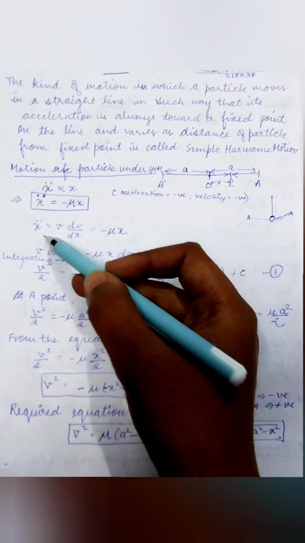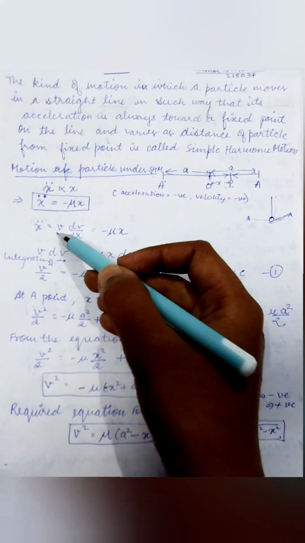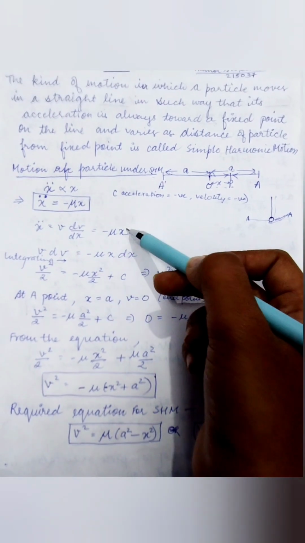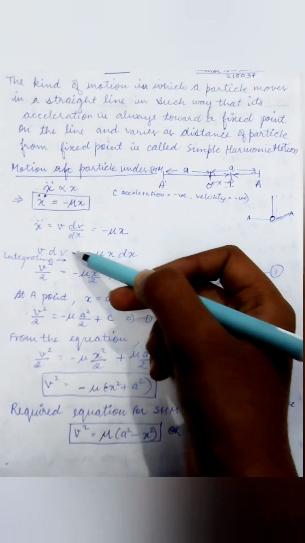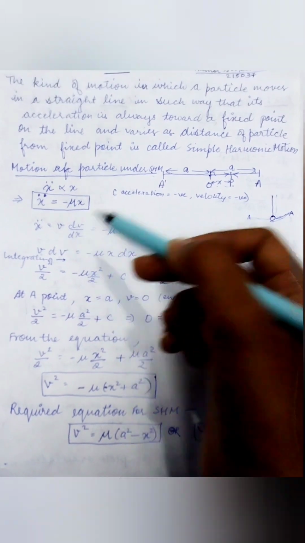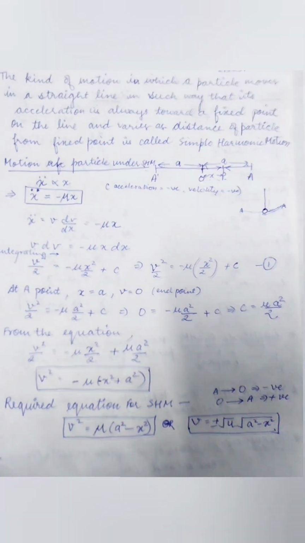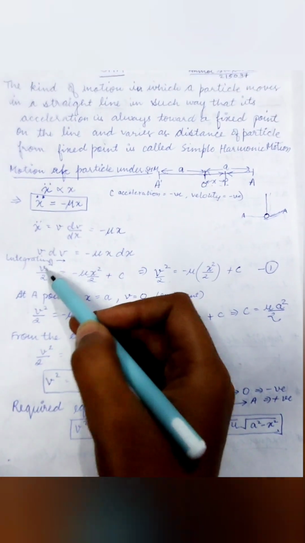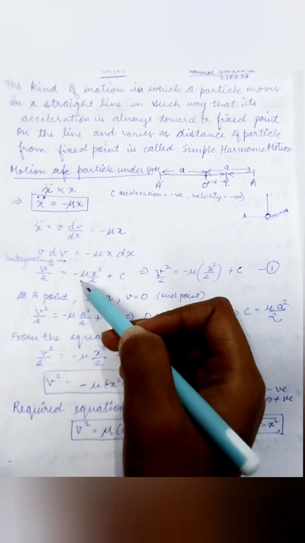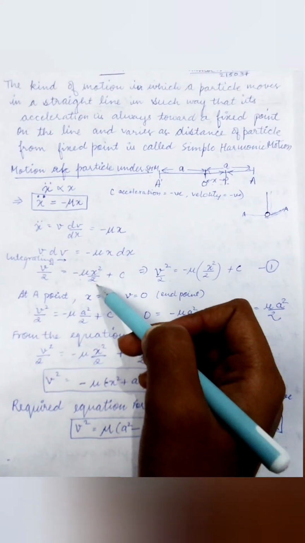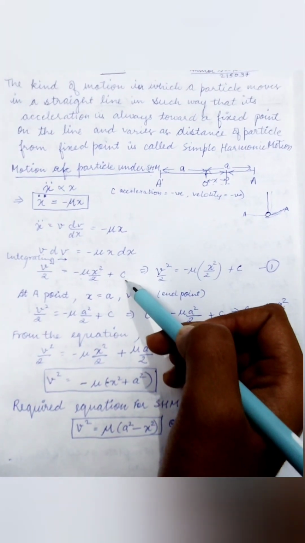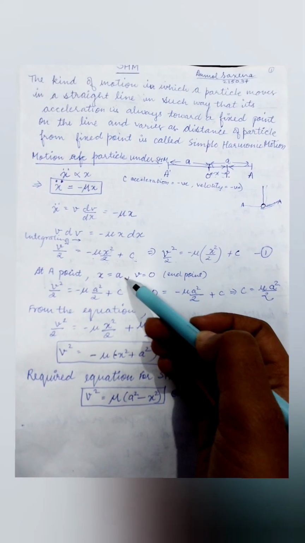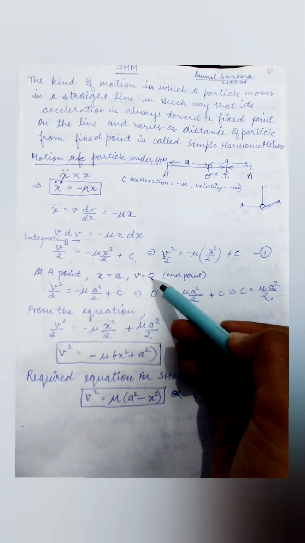So we get x double dot, which is acceleration, equal to v dv by dx, which is equal to minus mu x. By replacing the values we get v dv is equal to minus mu x dx, and on integrating we get v square by 2 is equal to minus mu x square by 2 plus c, where c is an integration constant.